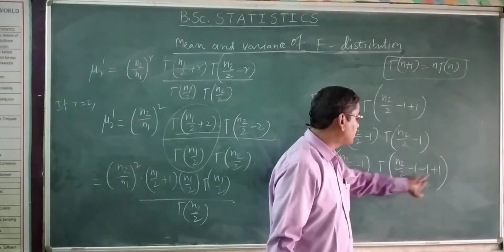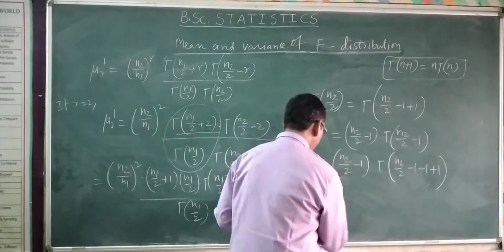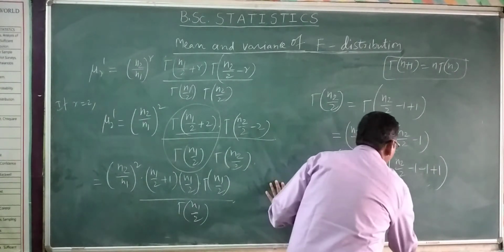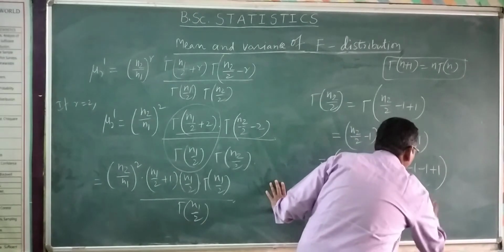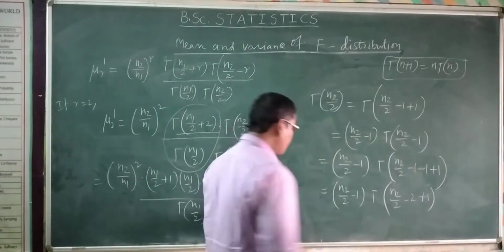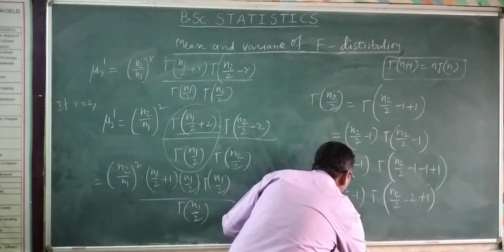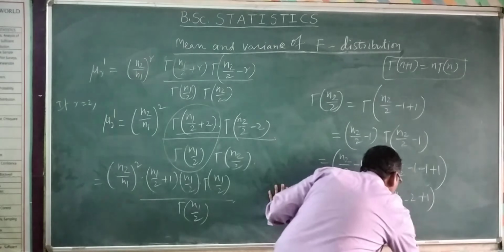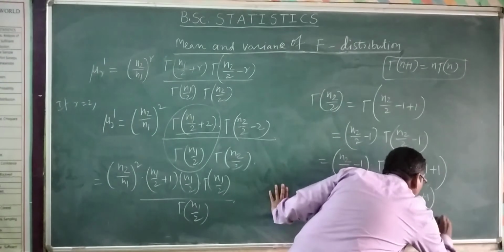Now n2 by 2 minus 1 becomes n2 by 2 minus 2. I write one more step: n2 by 2 minus 1 into gamma of n2 by 2 minus 2 plus 1. Now you write it as n2 by 2 minus 1 into n2 by 2 minus 2 into gamma of n2 by 2 minus 2.